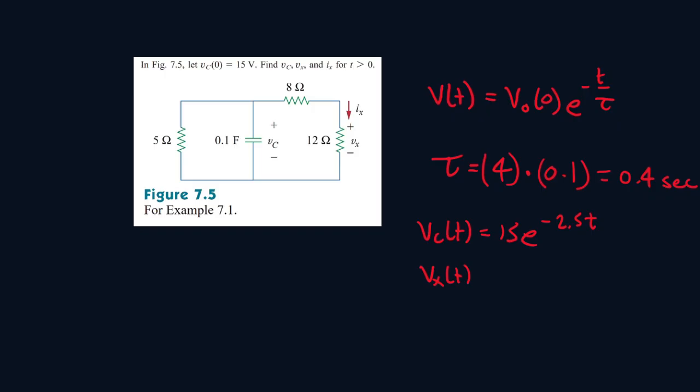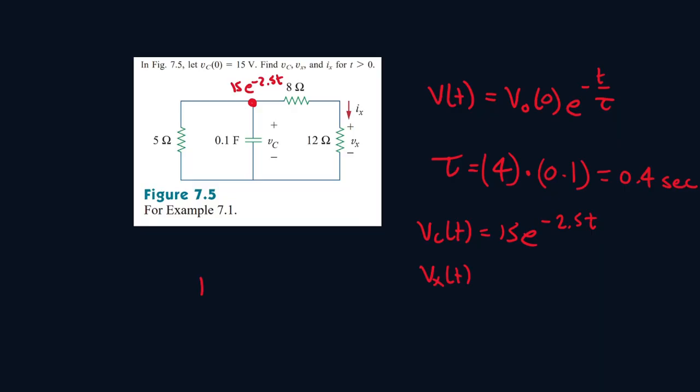To solve for Vx(t), we know that at this region, it's going to be 15 e to the minus 2.5 t volts. Okay? And if you know the voltage there, we can find the voltage here using voltage division.